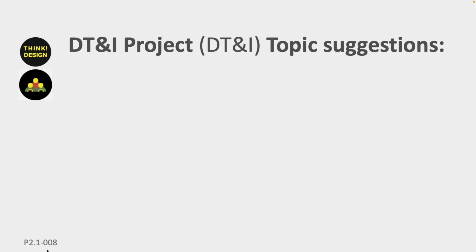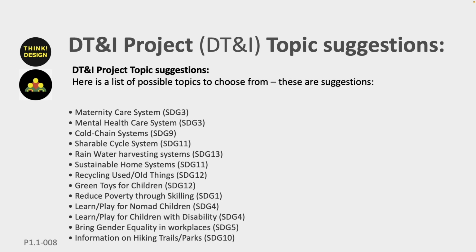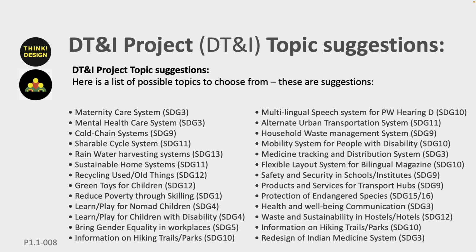These are further suggestions of topics. I am not going to go through all of them, just pick up a few of them. Maternity care, shareable cycle, rainwater harvesting, green toys, gender equality, multilingual speech systems, household waste management systems, medicine tracking, safety and security, protection of endangered species, health and well-being, waste and sustainability, information on hiking trails, parks, redesign of Indian medicine system.